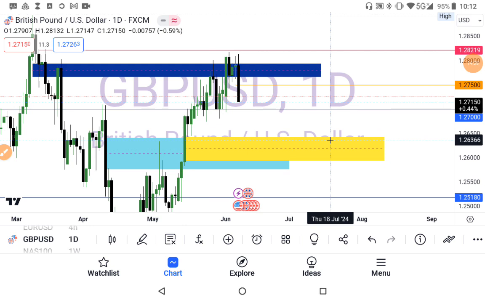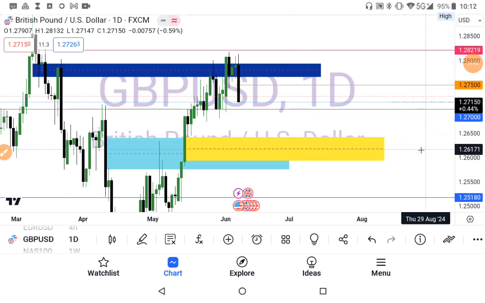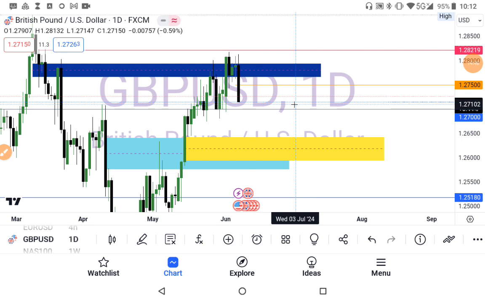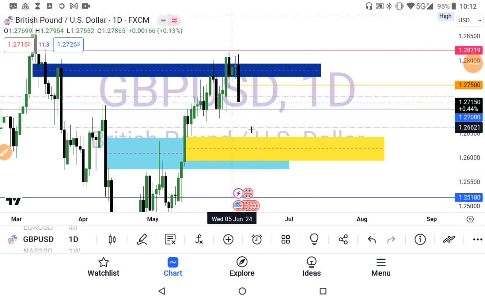It might not happen soon, but it will definitely, and I say definitely, give us that movement. So the lowest hanging fruit is 1.27 thousand. 1.27 thousand is the lowest hanging fruit.